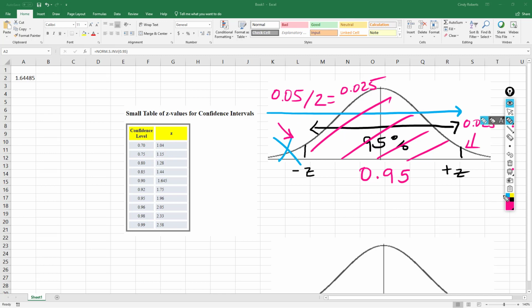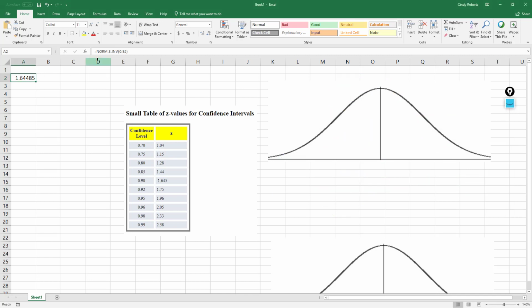So if I'm looking at the table, what I actually have to look up is 0.95 plus that value. In other words, I'm looking up in the table 0.975. Or if I go back to my wonderful Excel and instead of 95, I put in 975, look at that.